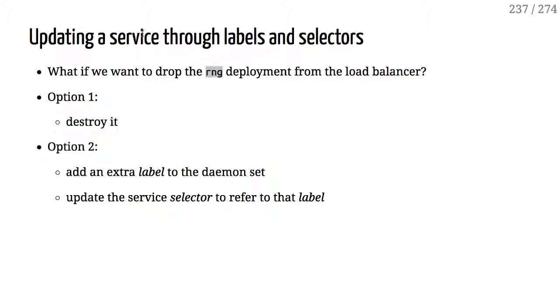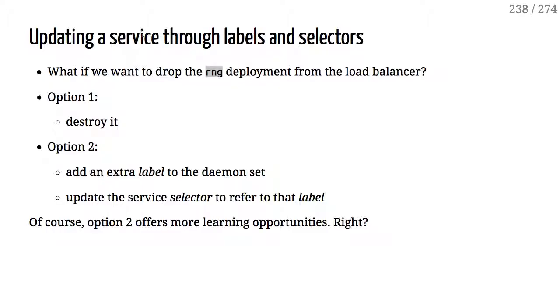The other option is to do some fancy operations on labels. For instance, what if I want to put that outside of the service, but I don't want to destroy it, and I also don't want to break the existing traffic.